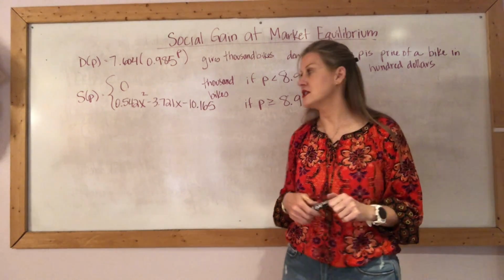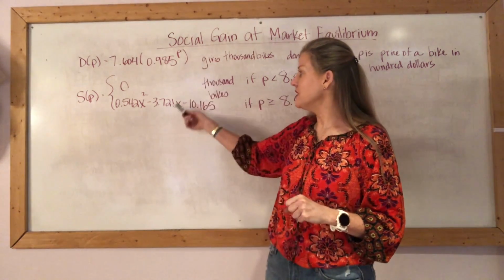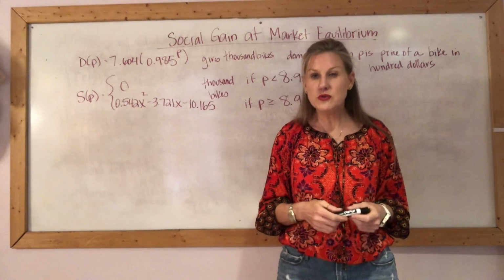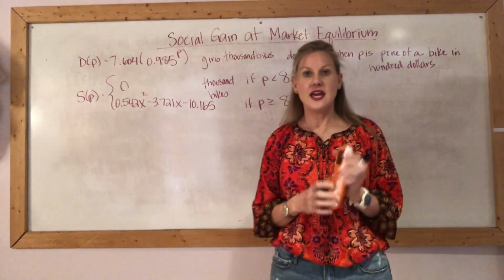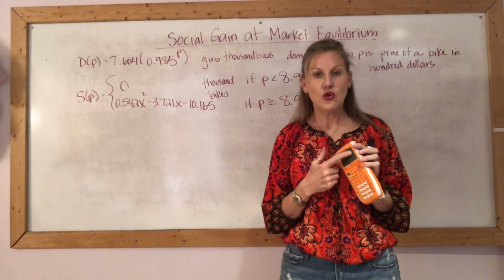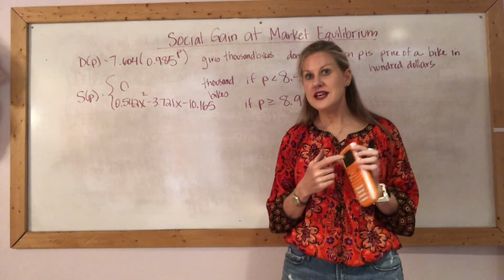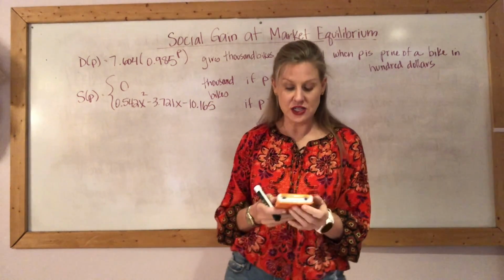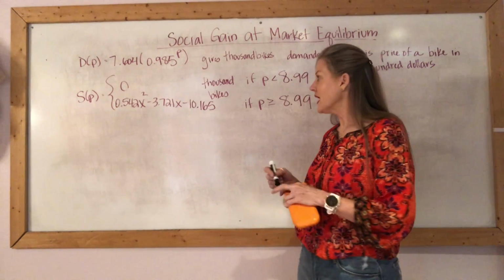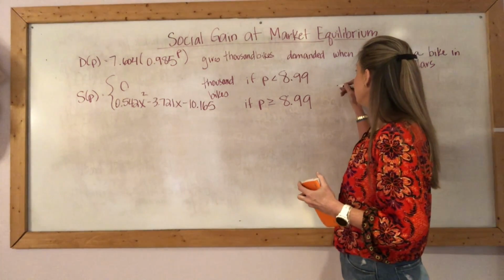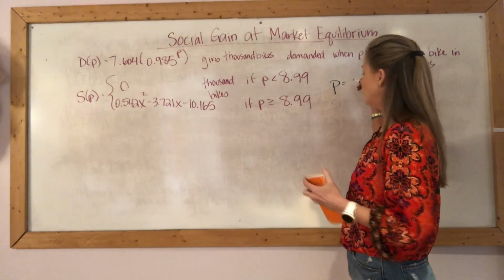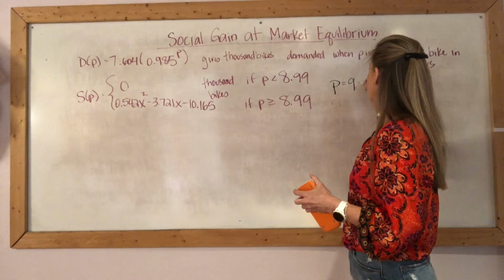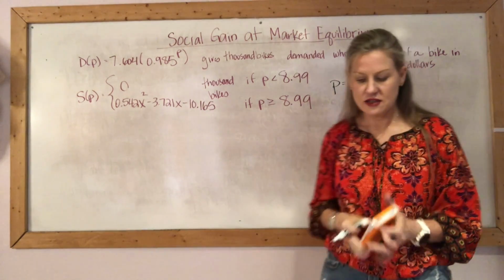So the first thing I'm going to do is set my demand function equal to my supply function, and I'll use either solver or graphing to find out where these two intersect each other. And when I do that, I get that they intersect at a price of 9.96.